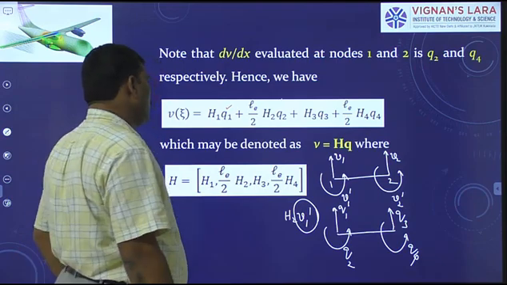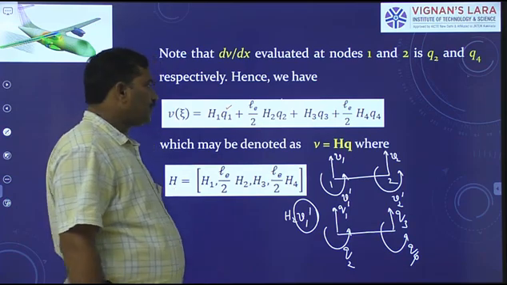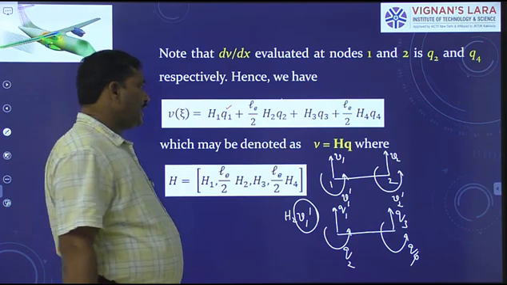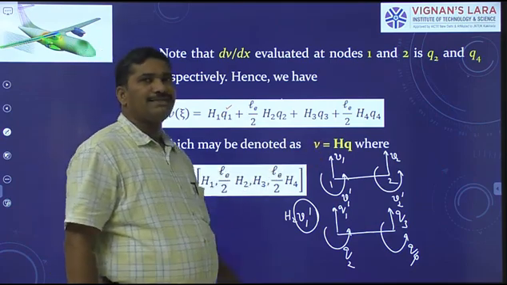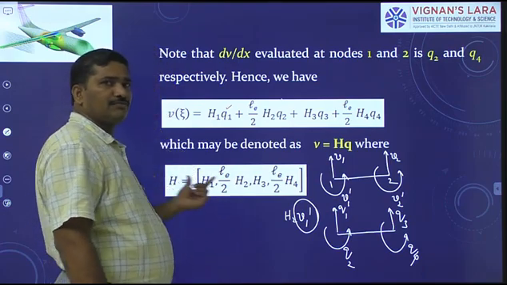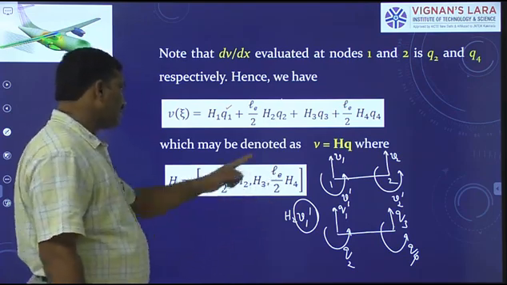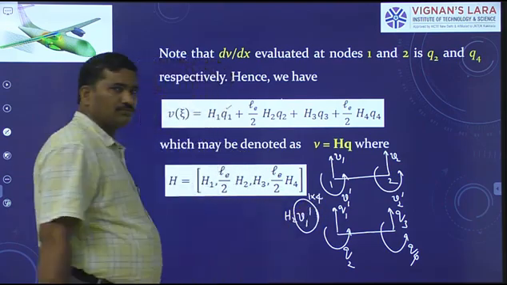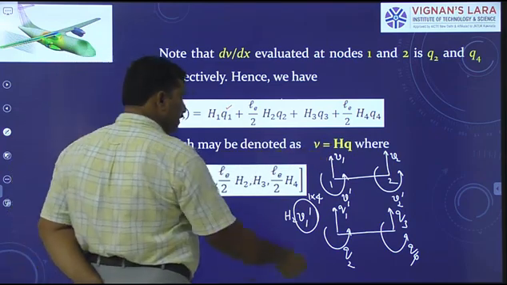Now, how do you represent the beam deflection as the product of H and Q? Where H is the Hermite shape function matrix, represented like this. It is a row matrix. The size of this matrix is 1 by 4. Now Q is the element displacement matrix.